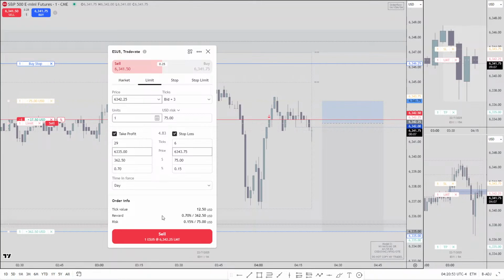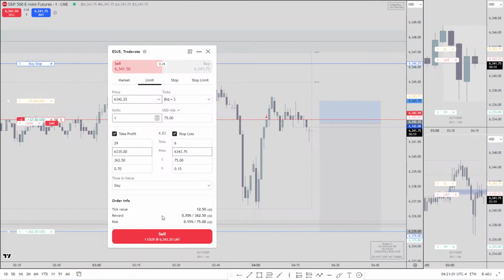I need a down close. I can't have a doji. Come on, don't give me this candle right here. I need a down close, not a doji. I'll wait for the next one. Indecisive candle.